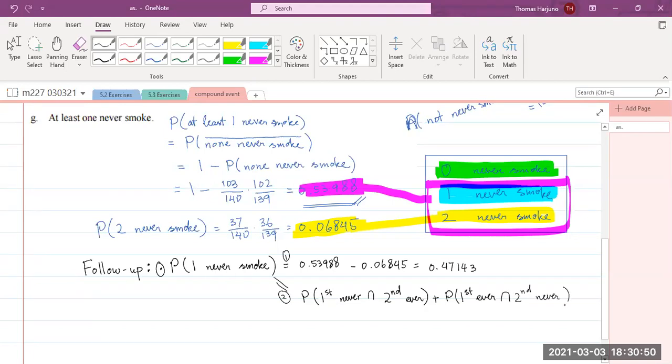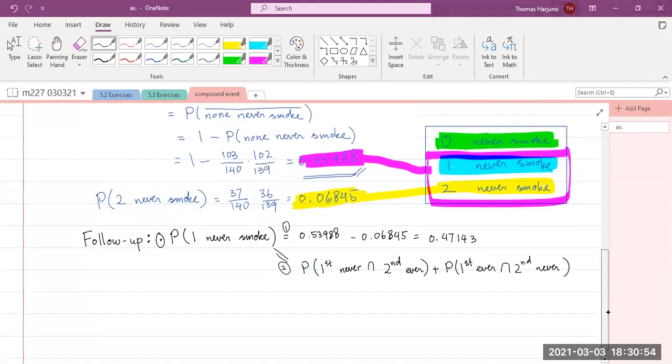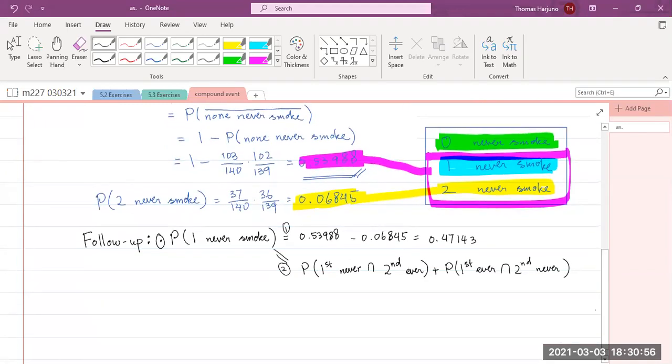This will give us exactly one person never smoke. Okay, so either the first person never and the second person did smoke, plus the probability the first person did smoke but the second person never. You will see when I compute it this way, I will get the same number in method one.